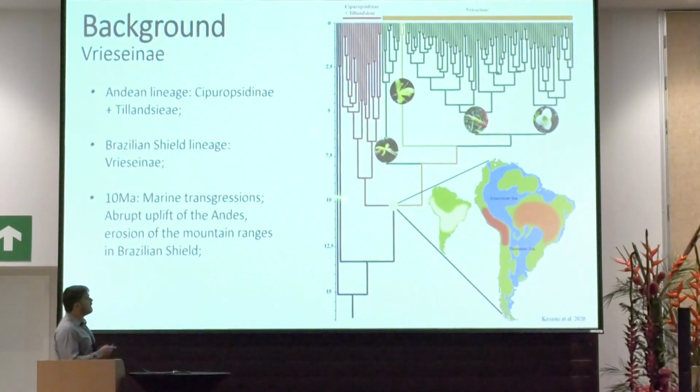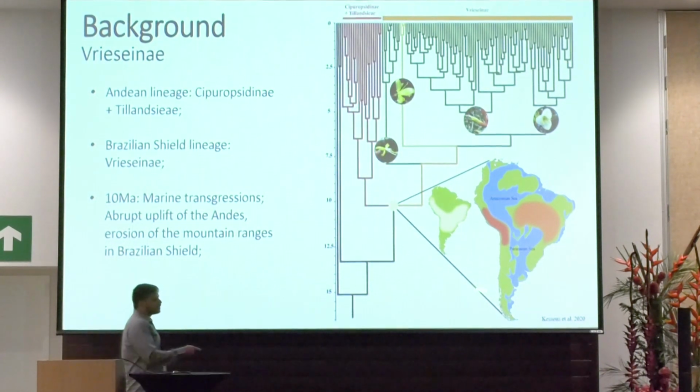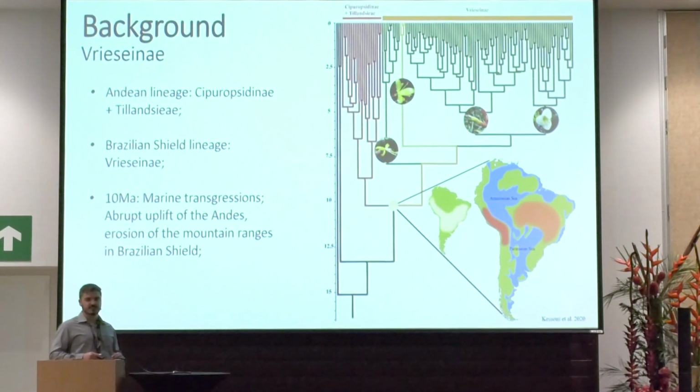And we hypothesized that this split occurred because of a set of events that occurred in South America during this time, including the marine transgressions inside South America, correlated to the abrupt uplift of the Andes at more or less the same time, and also the erosion of the mountain range in East Brazil that facilitated the topographic complexity of these places and consequently, perhaps, the diversification of these plants in both regions.